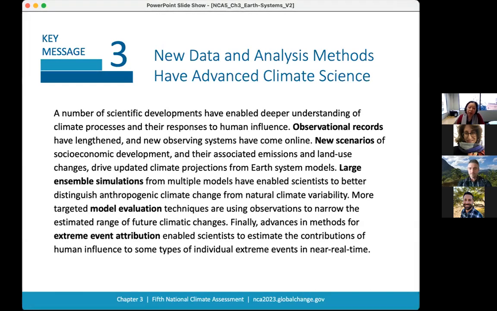As we all know, lots of hurricanes, heat waves, and different types of extreme events can now be attributed in terms of how much of the contribution is coming from human influence on those specific extreme events.